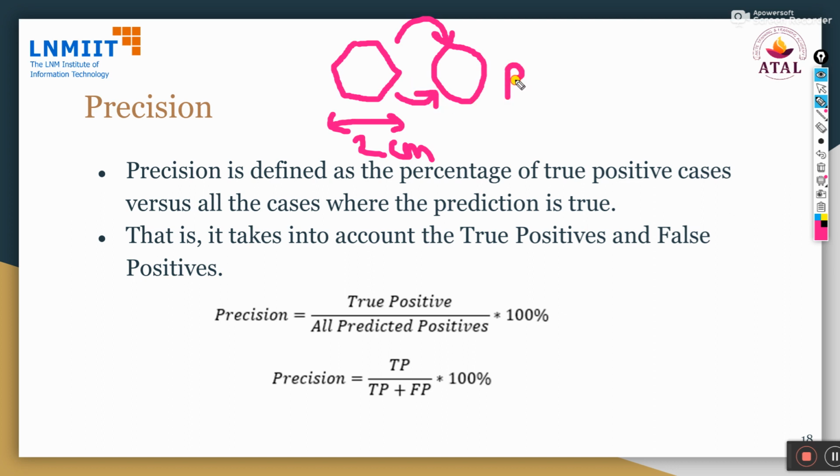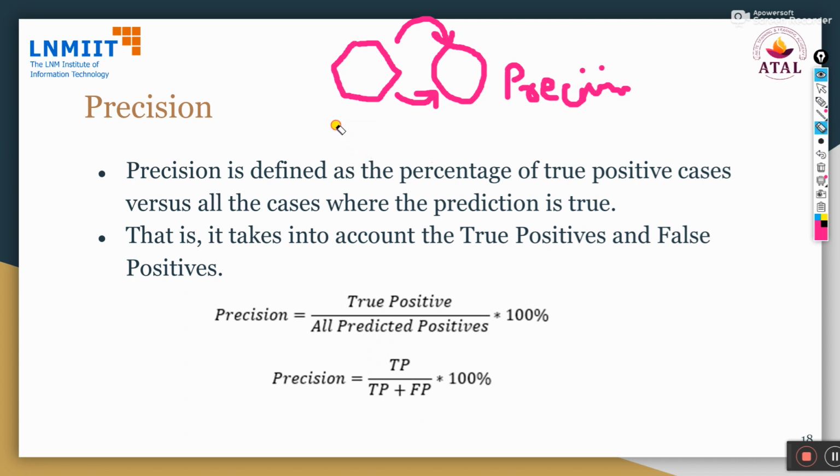That is the precision part, because it is not precisely developed or manufactured so that it can roll up on the nut and bolt.